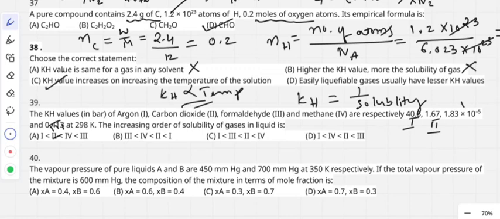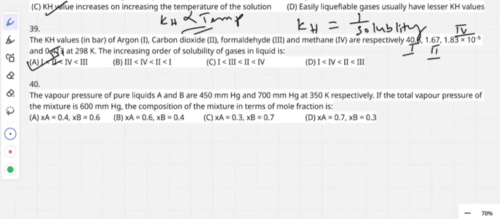And this is fourth. So the correct answer is option A: first, second, then fourth, then third. So option A is correct. Next I move to question number 40.